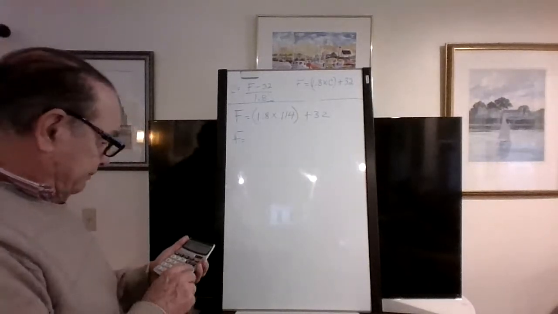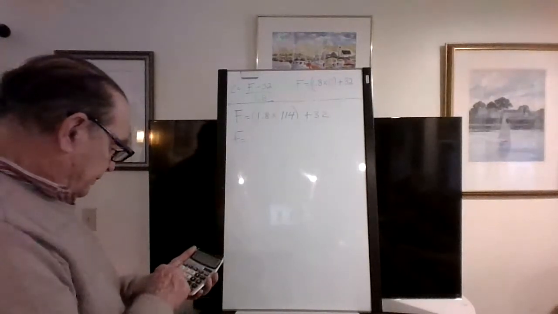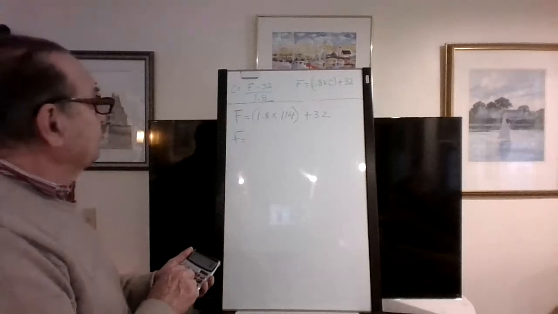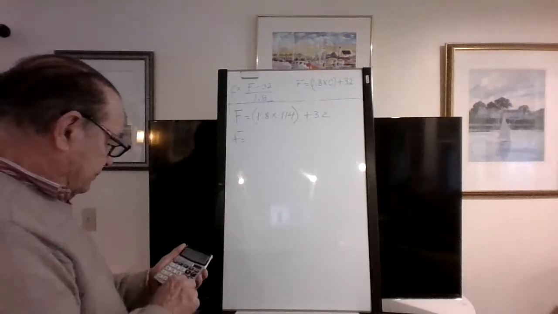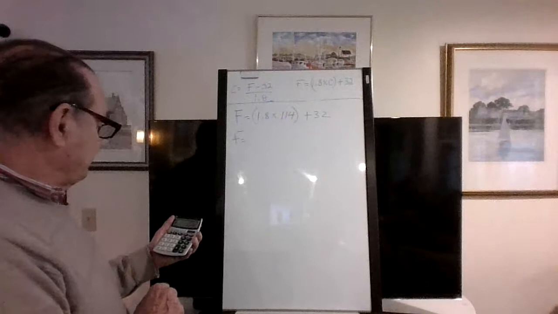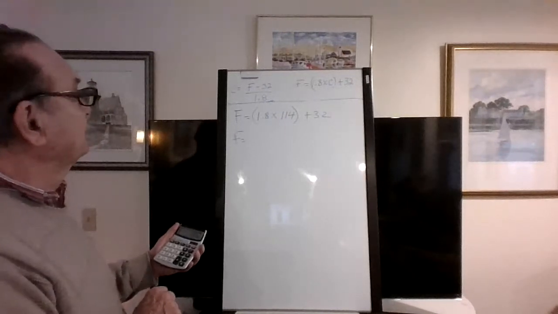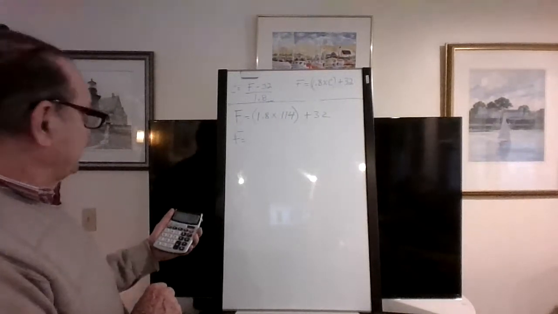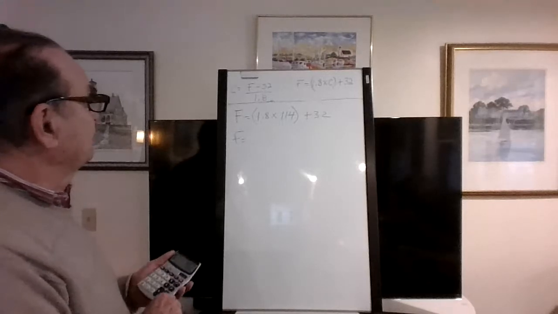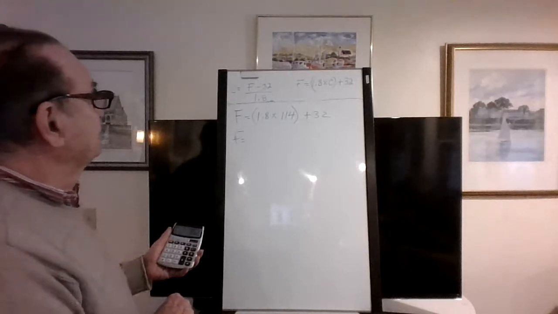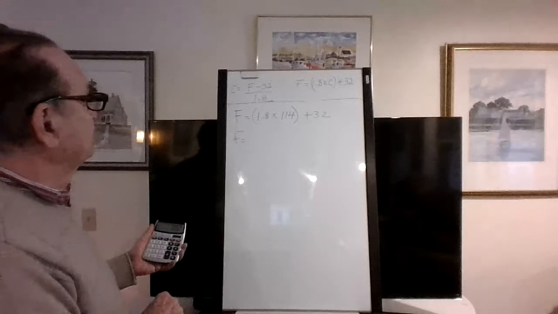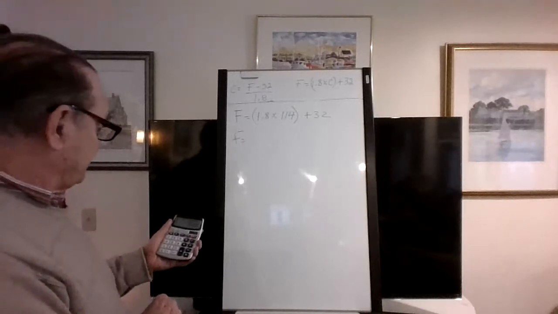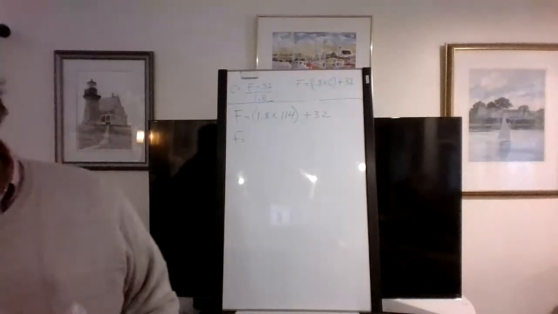So we get 1.8 times 114 equals 205.2. Impossible.